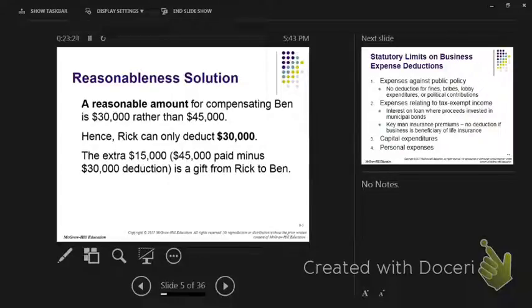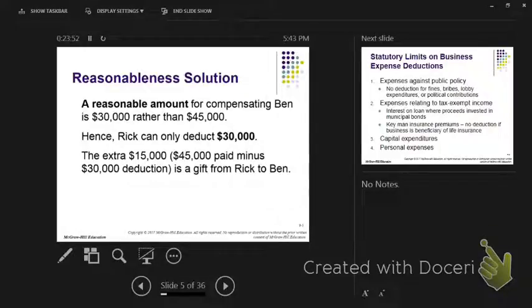But if the normal salary for a 14, 16, 18-year-old, however old the kids are, is roughly minimum wage to $10, and you're paying your kid $15 an hour, is that not going to be a little strange, that you're deducting $15 an hour to a 16-year-old to help bring down your taxable income?